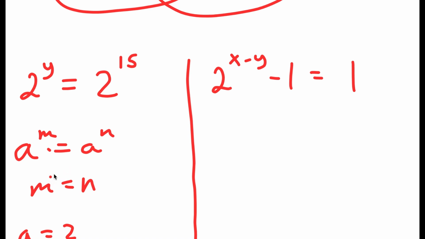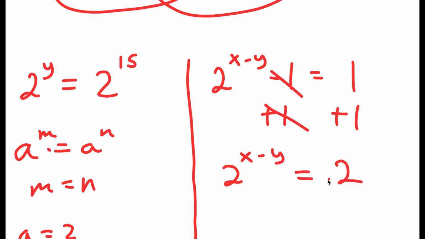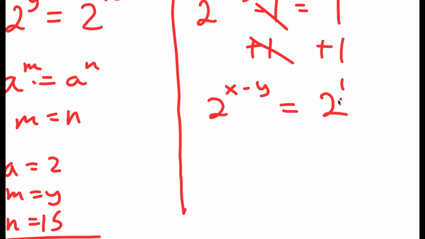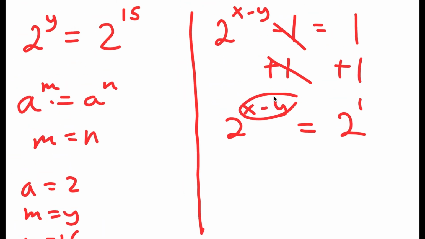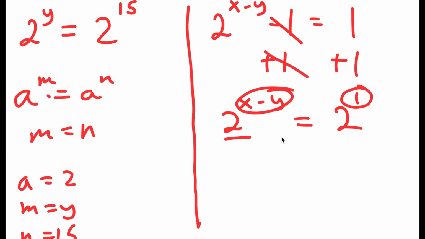Now for my right-hand side, I have 2 to the power of x minus y, minus 1 is equal to 1. To solve this, I'm going to first start by adding 1 on both sides. So I get 2 to the power of x minus y is equal to 2. Now 2 is the same thing as 2 to the power of 1, and we can set these two exponents equal to each other because the bases are equal.